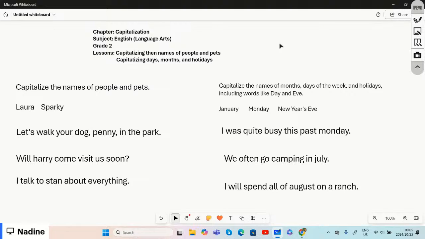And then the lessons that we are going to be focusing on under the chapter of capitalization are capitalizing the names of people and pets, and capitalizing days, months, and holidays. So that is going to be our lessons for today.